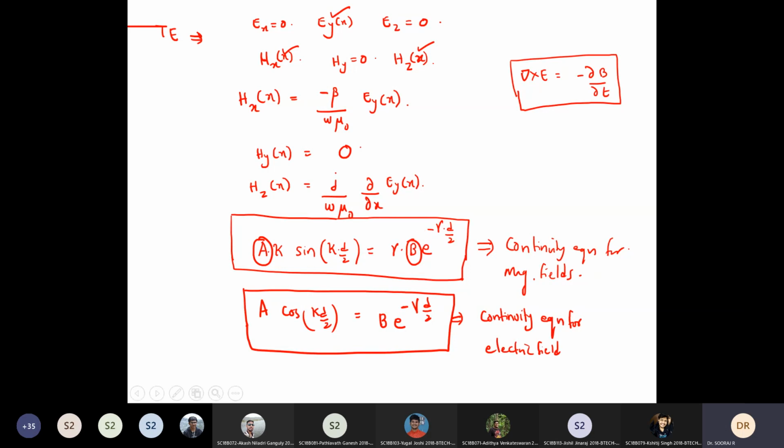They depend on the parameters of the waveguide and also the wavelength at which you are operating. So matrix representation can be done like this.